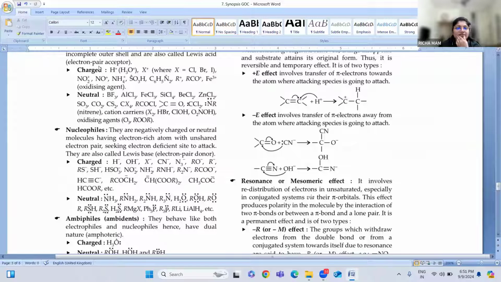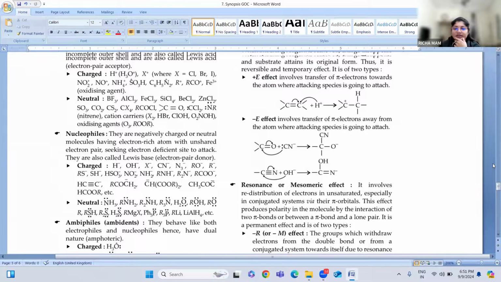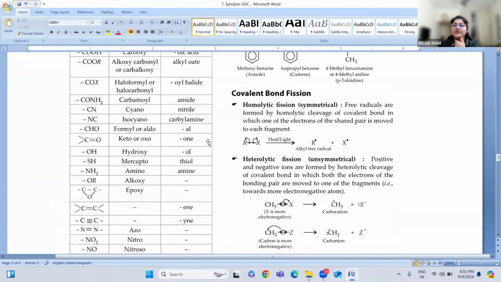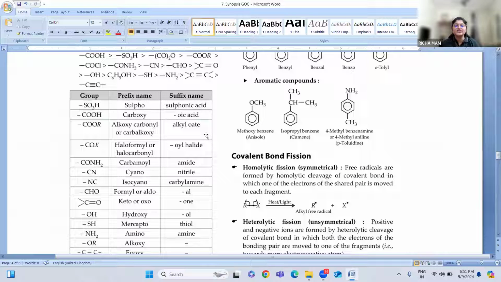We have seen some synopsis, and the remaining synopsis we'll see in the next class. We have seen purification methods, qualitative analysis and quantitative analysis.